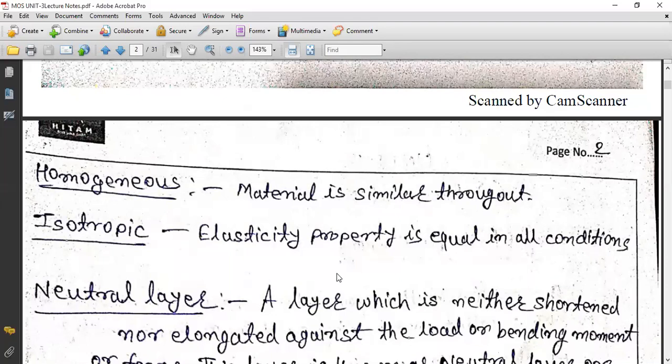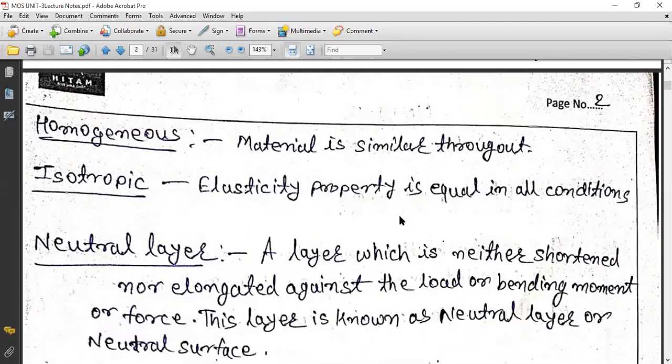Material that is similar throughout is homogeneous. The example of homogeneous is water. And isotropic means the elastic properties are equal in all directions, not conditions. Elastic property is equal in all directions.